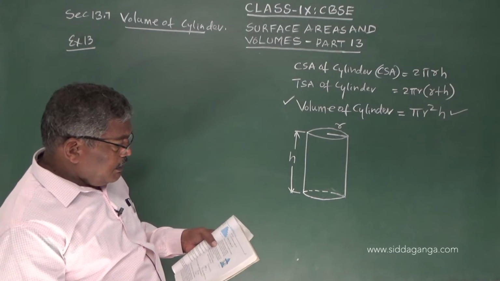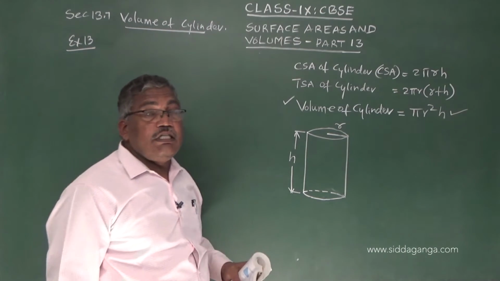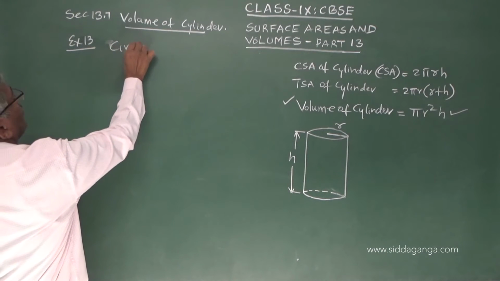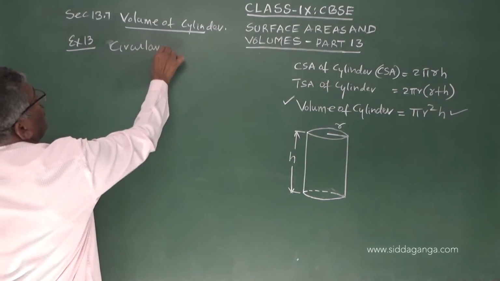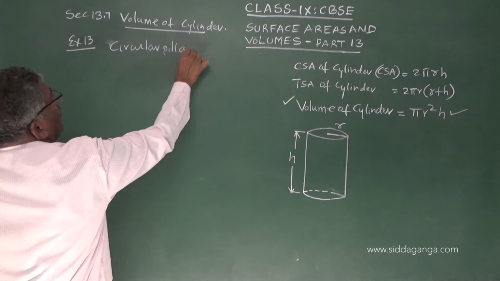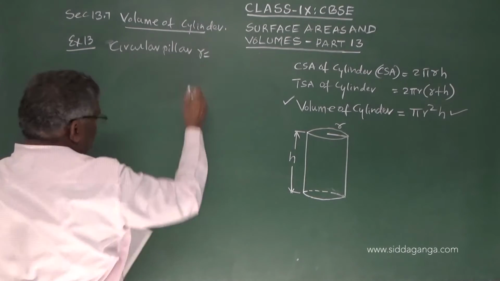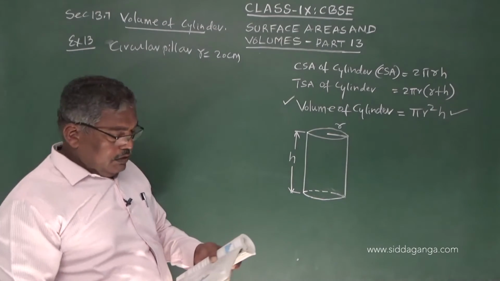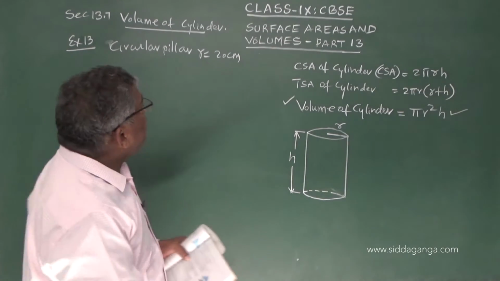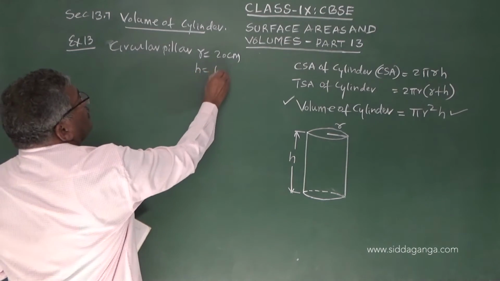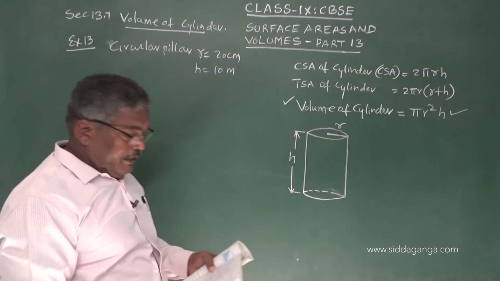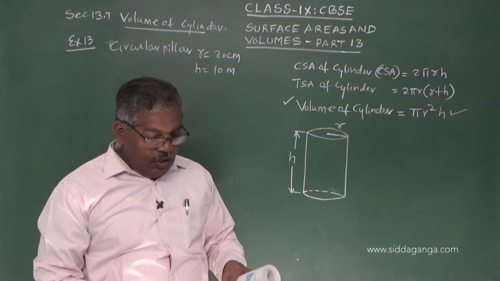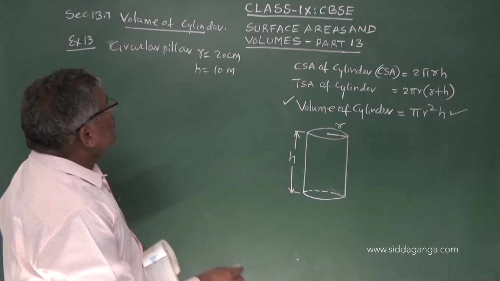Each pillar has a circular base of radius 20 centimeter and height 10 meter. How much concrete mixture would be required to build 14 such pillars?